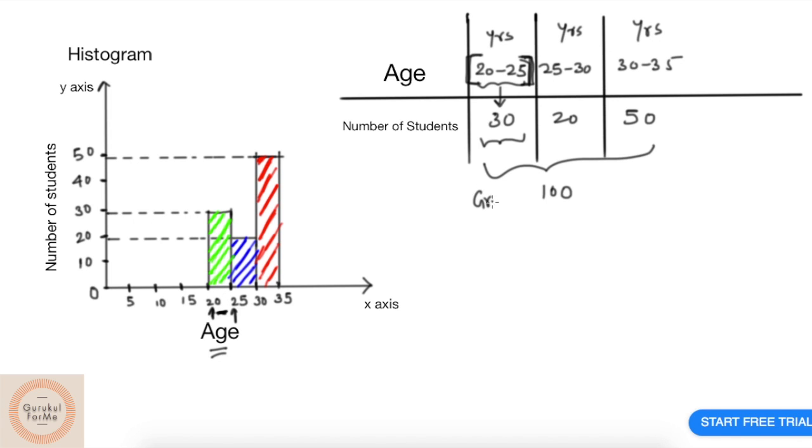The green graph symbolizes the age 20 to 25. What we have done is we have made a bar graph and mapped with the y-axis, and we know that it's got 30 students. Then 30 to 35 we have said 50 students. We are giving a value to a range, and that is what histogram is all about.